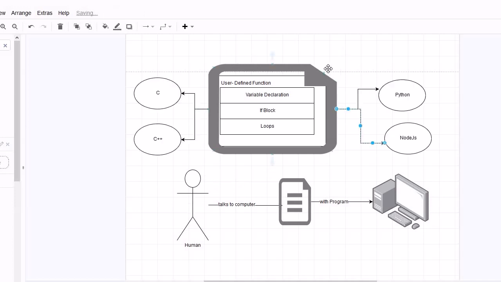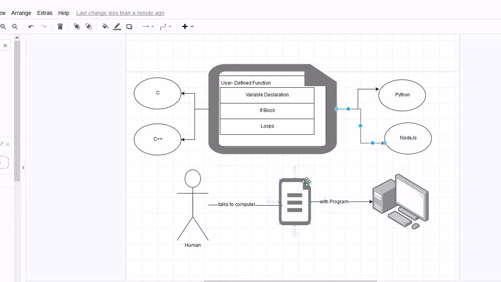Now look into this diagram. All these components or elements are very common in each of these programming languages. You can find all these blocks in each of them. The only difference is how you write them, that means the syntax.